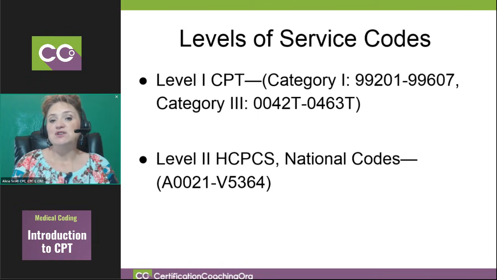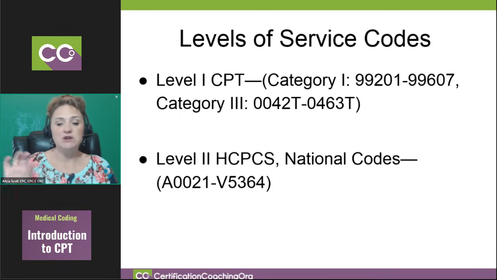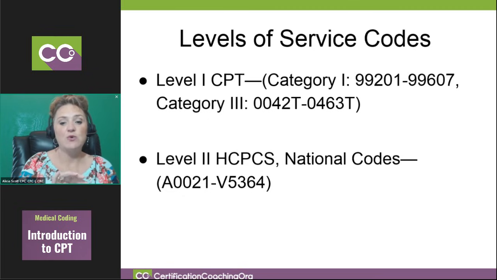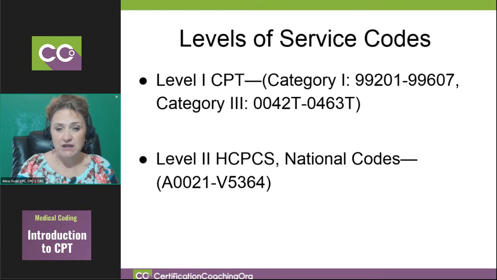When we look at the services that are being provided, they're divided up into levels. We have Category 1 levels, we have Category 2 levels, and we have Category 3 levels. So we'll talk about Category 2 in a minute. Let's talk about Category 1 and Category 3. I'm going to reiterate this again as we get closer to the end of the lecture. We'll do a recap.